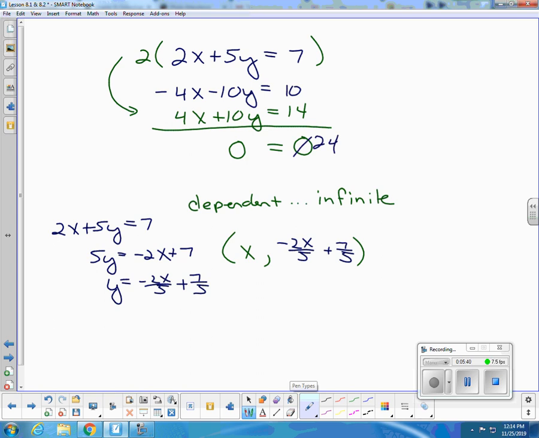Is that a true statement? It's not true, it's no solution. Remember, parallel lines, they're never actually going to hit. That's called an inconsistent system. You need to know those words, all right? So if it's a true statement, we say it is dependent. If it ends up being not true, you say it's inconsistent.